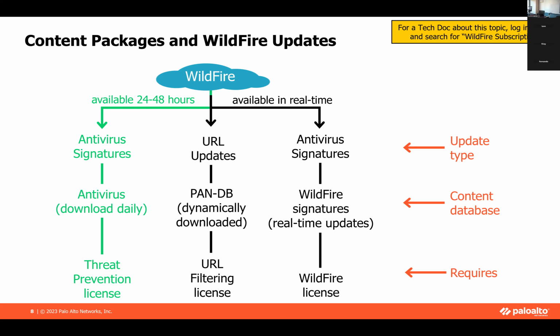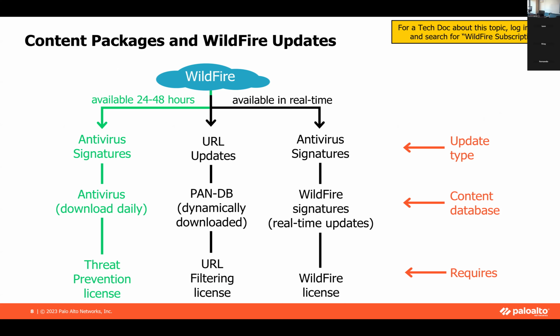And then lastly, with Wildfire, this is going to be your real time. That's where we're going to find antivirus signatures, your Wildfire signatures and real-time updates, and then the Wildfire license. That's where it's coming from. So you can buy just these packages over here, if it makes sense, and then pay additional for the Wildfire if you want. You can buy these all piecemeal. It just depends on what level you're at.